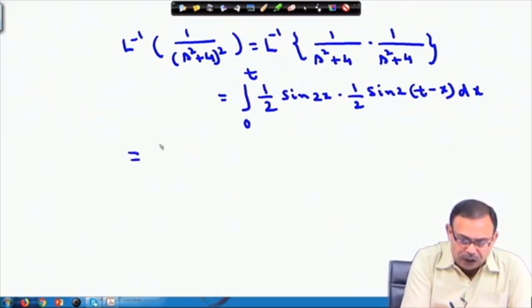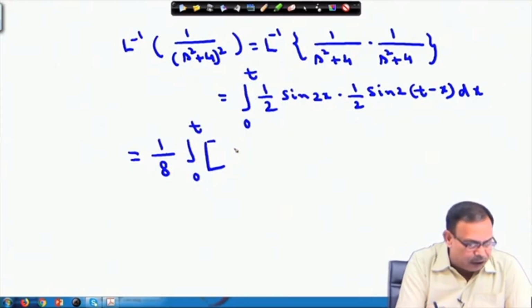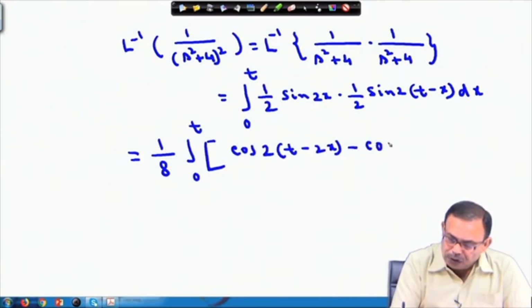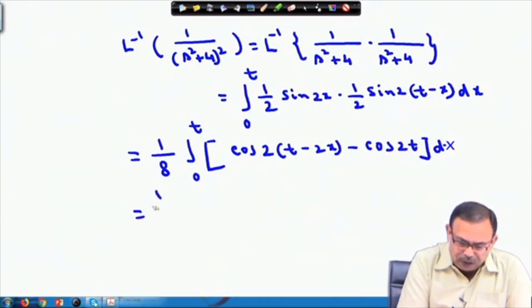This equals, if you use the sin a sin b formula, integral 0 to t of cos 2 into t minus 2x minus cos 2t dx, and I can evaluate the integral easily.